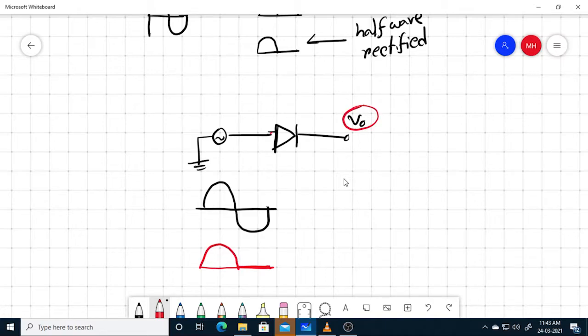Okay, we can use several diodes to make a full wave rectifier, but that's not our point. Our point is, what is the use of precision rectifier if we have the rectifier in the first place? Here the V in is considered to be greater than or equal to 0.7 volt. Why 0.7 volt?